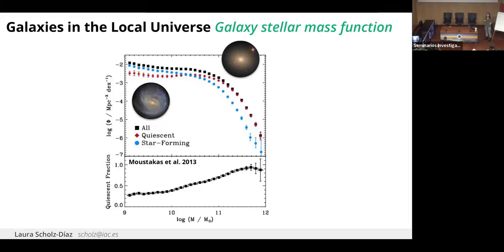And when we further separate the galaxies into star forming and passive or quiescent, we observe how these blue star forming galaxies dominate the low mass end of the galaxy stellar mass function, while more massive galaxies are dominated by quiescent or passive galaxies. And in the bottom panel, you see how as we increase the stellar mass, we also increase the quiescent fraction in the galaxy population.